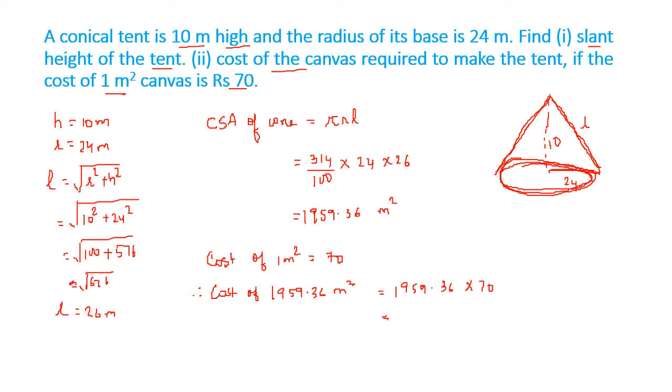You can multiply it and get your answer. Do your multiplication. 137155.20. This much rupees will be the total cost of making this conical tent.